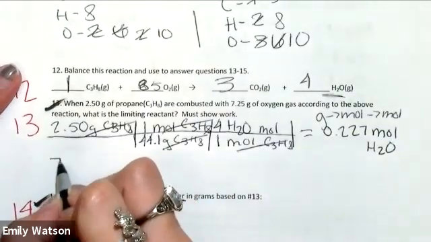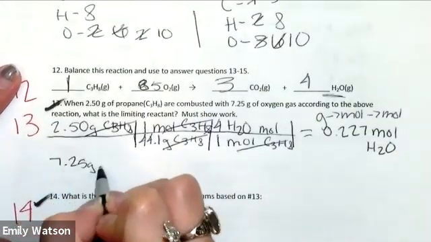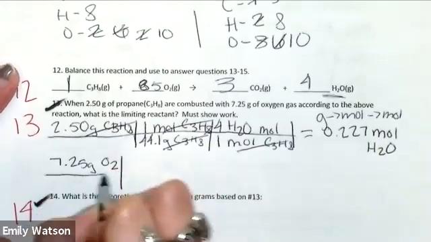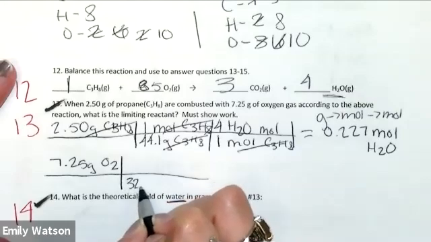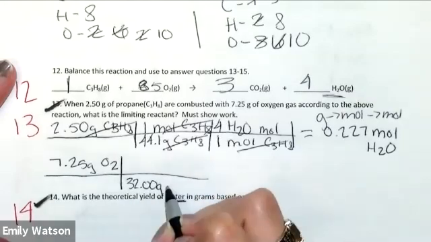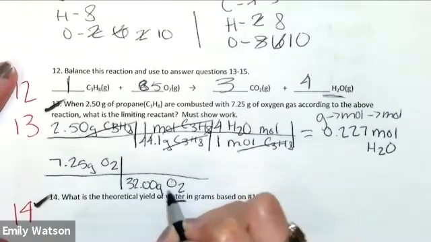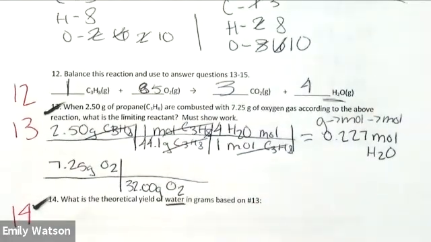So we have 7.25 grams of O2. How many grams are going to go on the bottom? 32.00, because we have 2 oxygens. And when you look at your periodic table, it says 15.9999. It just keeps going. So she said at some point in the beginning of the semester, just round it up to 16 and use that.